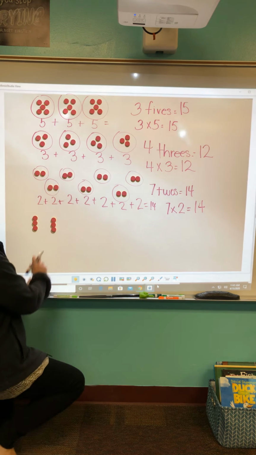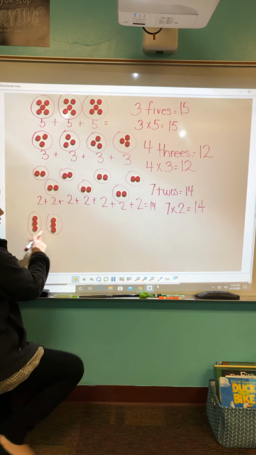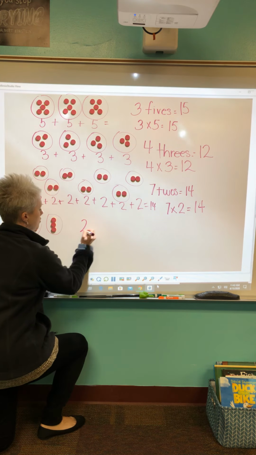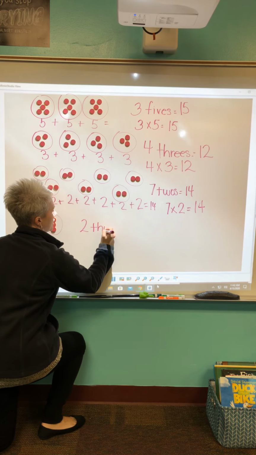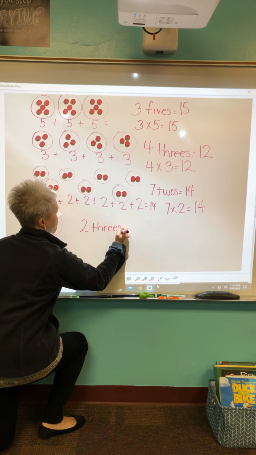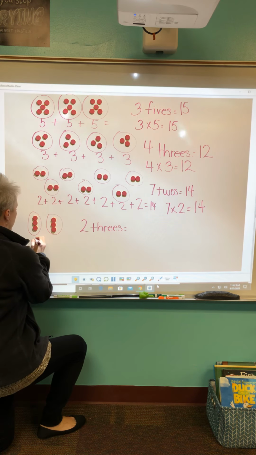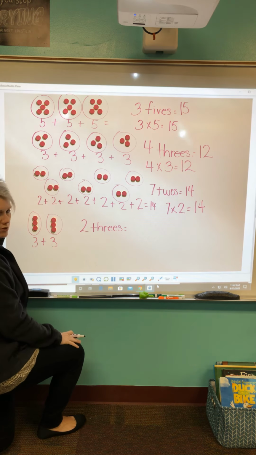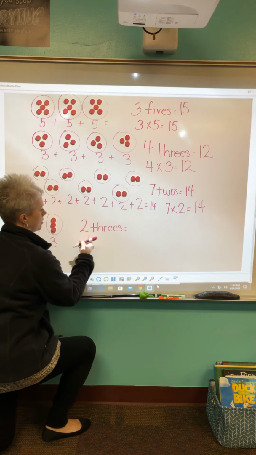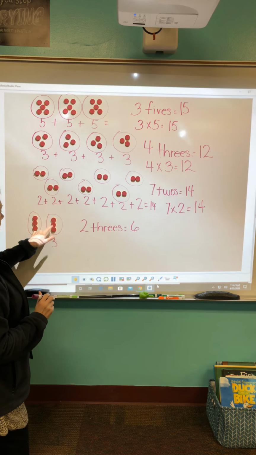Last one on the board, I have 2 groups of 3. So I have 2 groups of 3, so 2 threes equals. That's the same thing as writing 3 2 times and adding it together. That's one of our double stacks. 3 plus 3 is 6, so 2 threes is 6. 1, 2, 3, 4, 5, 6.